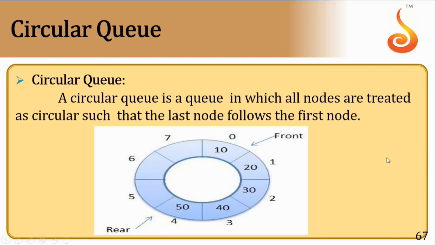Yes, the seventh is the last node. Total number of elements are 8 here, that is 0 to 7. So the last node is connected to the first node. The elements are added at the rear and the elements are deleted at the front end of the queue. Both front and rear index point to the beginning of the array at the start.